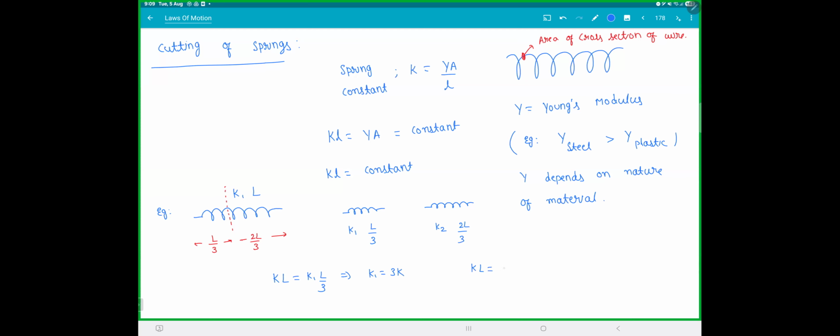Similarly, K into L is K2 into 2L by 3. K2 becomes 3K by 2. There. So cutting a spring makes it stronger actually. And the reason is this: when the spring is smaller and if you try to stretch it, the wire will stretch more, right? Because in order to compensate for it, the wire will undergo more tension.